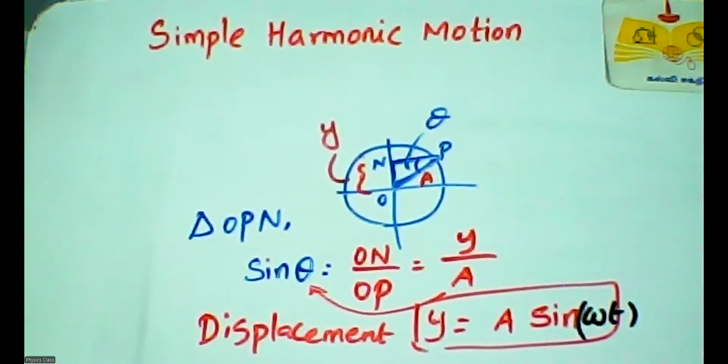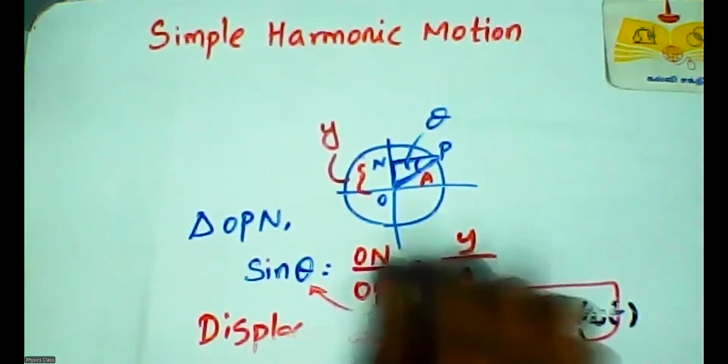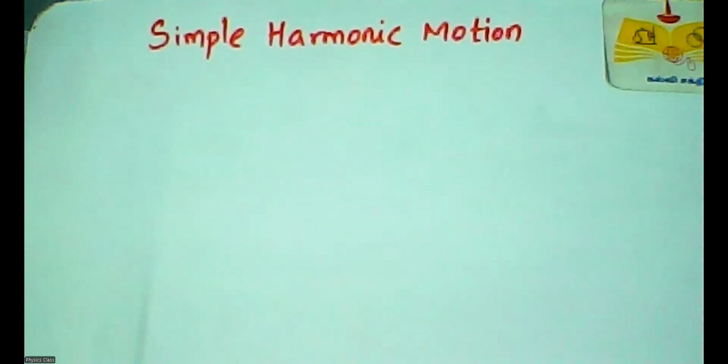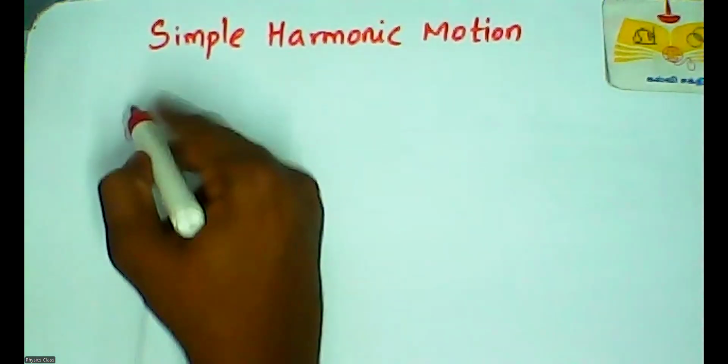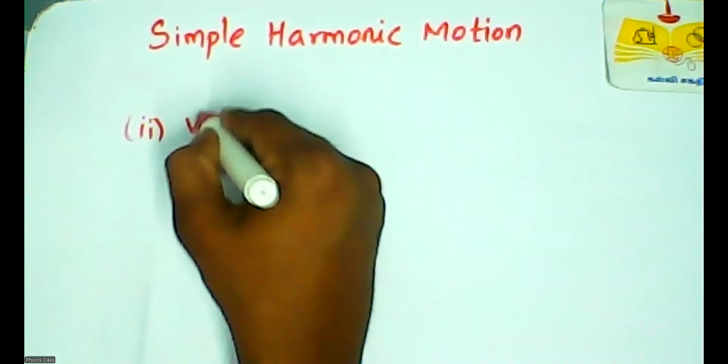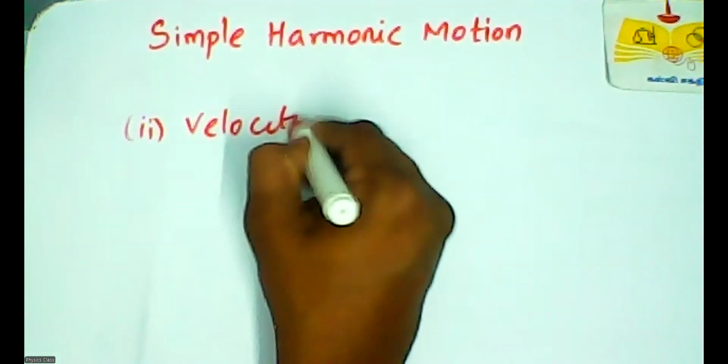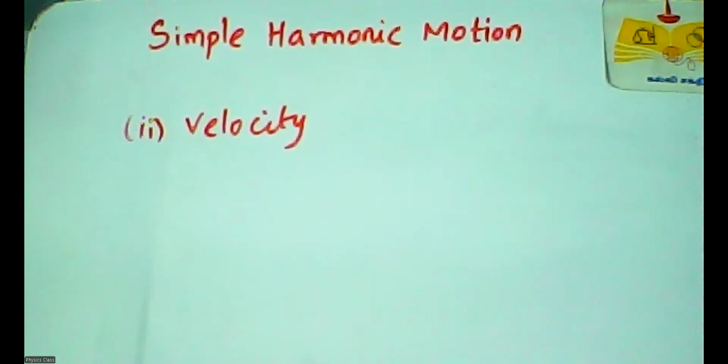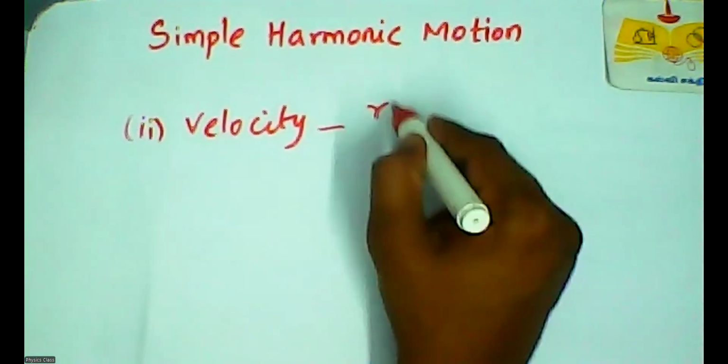Then we have to find velocity and then acceleration. So the second one is velocity. Already we know that velocity is nothing but the rate of change of displacement.